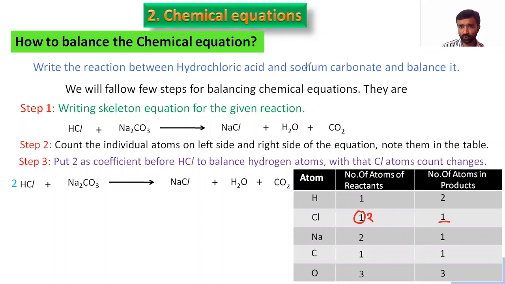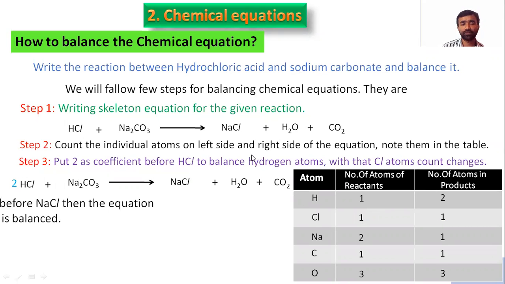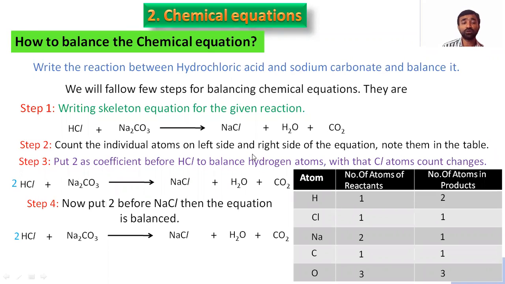So we'll put a 2 as the coefficient before NaCl in the next step. Then what happens? The count of NaCl changes into 2 Na and 2 chlorine atoms. Then check the others. Here, the oxygen count is already the same. The carbon count is already the same. That's why I selected HCl first.